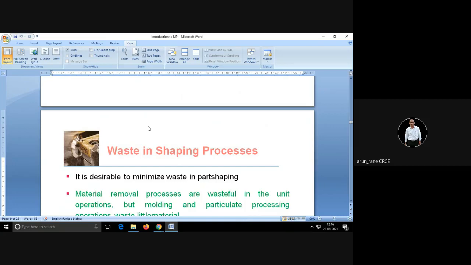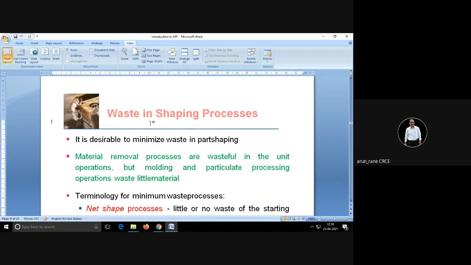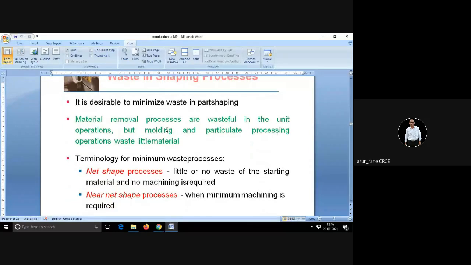You cannot make a die if you have to produce only one or two pieces. The die cost has to be justified. The money required for making the die has to be returned, and you have to get the return very fast. But if it is only one or two pieces, and if a 25 mm rod is not available, then you can go for the next higher size, 30, but don't go directly to 50 mm. This is what I mean to say.